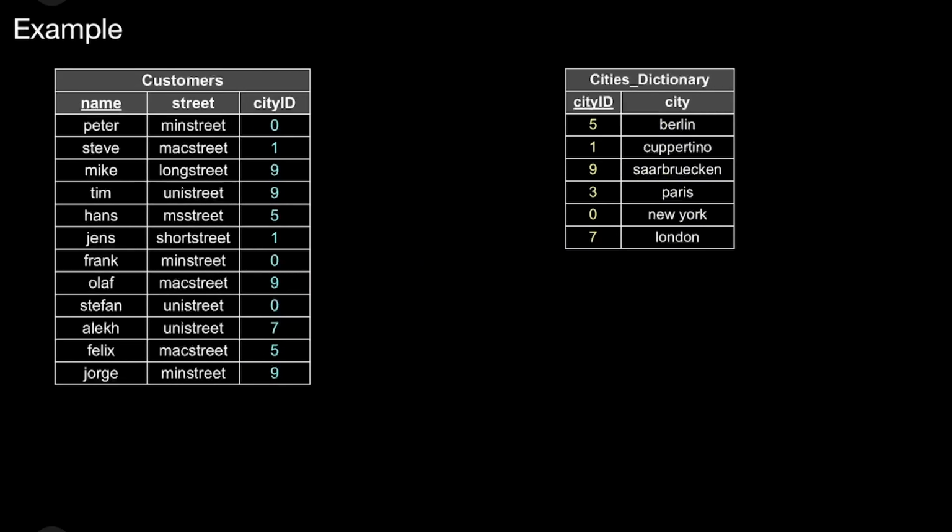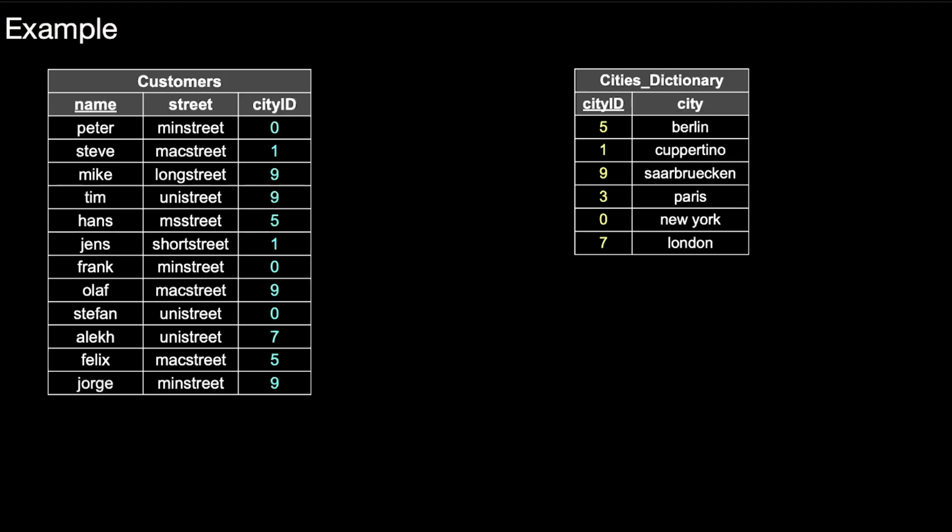With that we enter sort merge join and co-grouping. I have two relations I want to join. This is basically the use case we had last time. We had customers, and I had the city, and I replaced the city by dictionary compression. That's exactly what we did last time. And I want to join customers with the cities dictionary again.